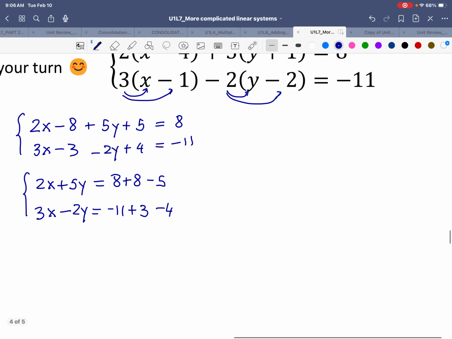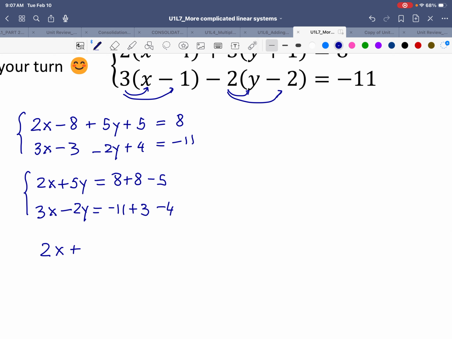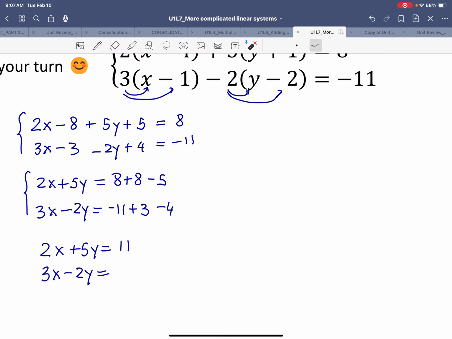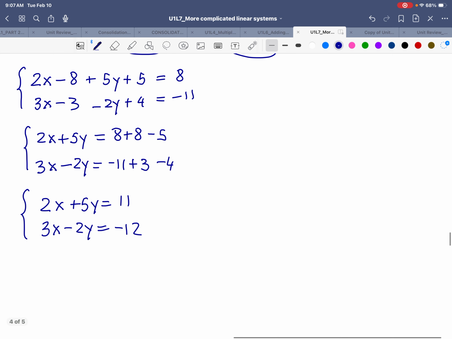So one more step, we have 2x plus 5y equals 16 minus 5 is 11. And 3x minus 2y equals, so negative 11, negative 4, negative 15 plus 3, negative 12. Now we have to make a decision what variable we want to eliminate.